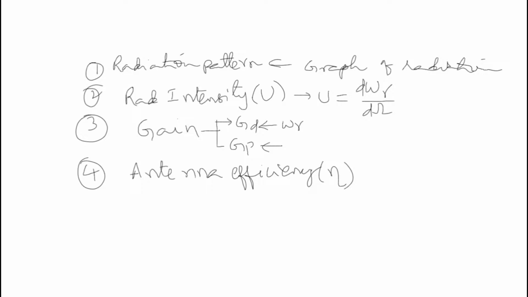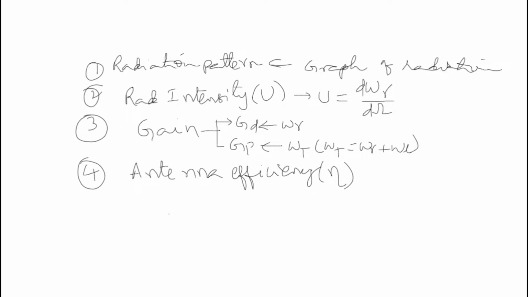Here loss is also considered, so total power WT is equal to WR plus WL. The definition of gain is the ratio of the radiation intensity from the test or practical antenna to the radiation intensity from the reference or isotropic antenna. An isotropic antenna radiates energy uniformly in all directions.